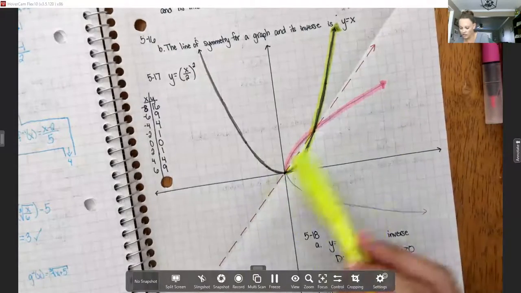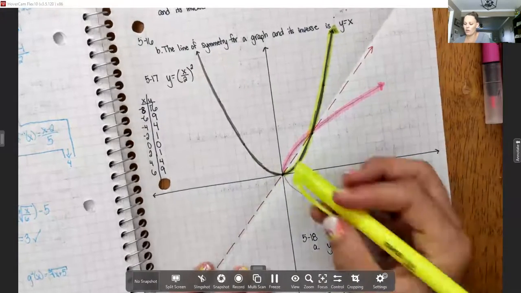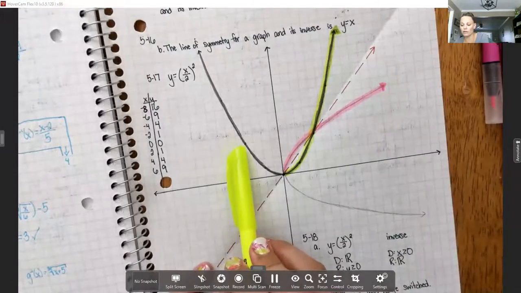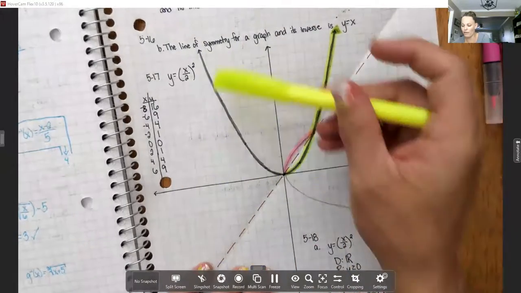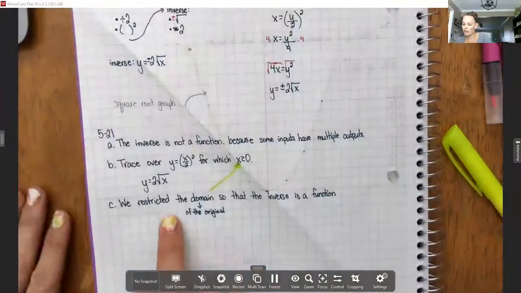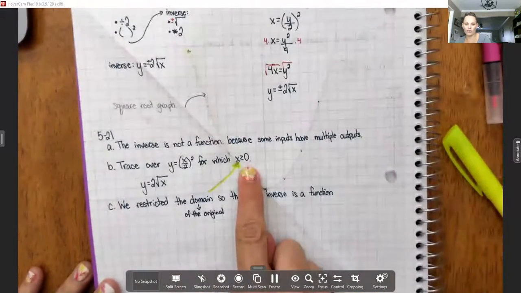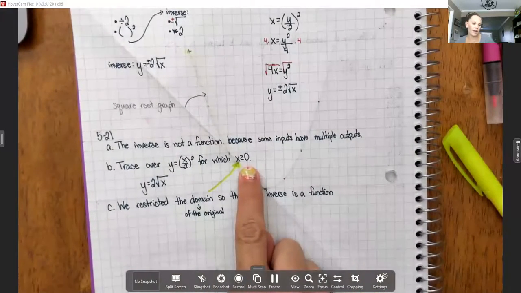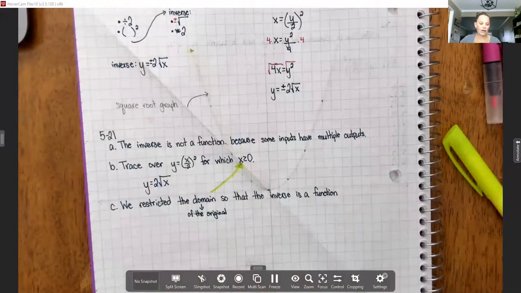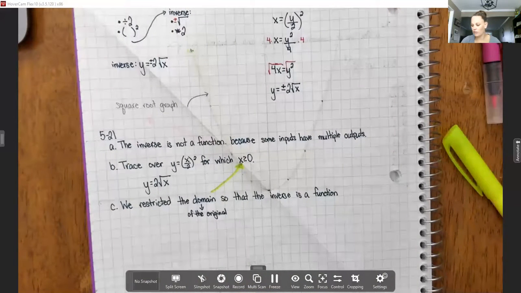It's still the inverse, but not a function. If we take half of it, we have a function. We could have taken the other half also. We could have done the left half, which would be the bottom half, and we would have a function. So by restricting the domain of the original, so we're only looking at half of it, the inverse is a function.